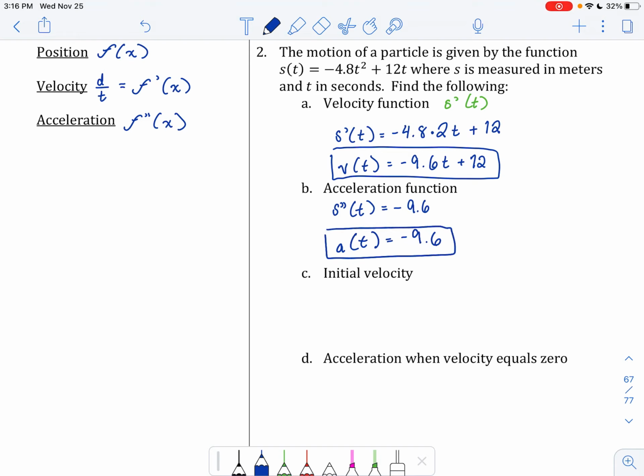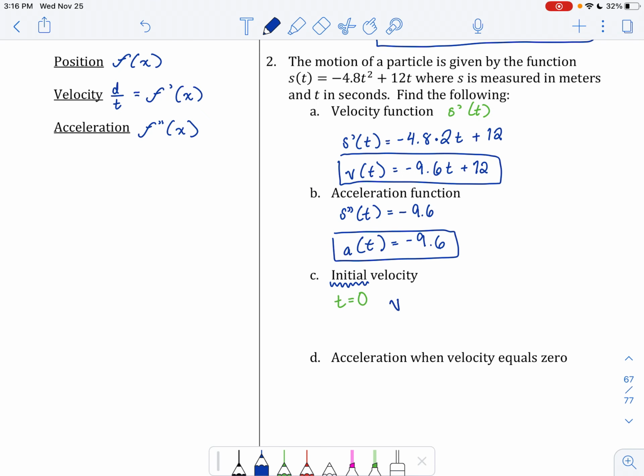With these functions, we can then answer a lot of questions about this problem here. So for example, if it says, what is the initial velocity? Now, whenever you see the word initial like this in a problem, this means when t is equal to 0. That's all this means. So I'm using my velocity function, since it's asked for velocity, at t equals 0, which would be negative 9.6 times 0 plus 12.